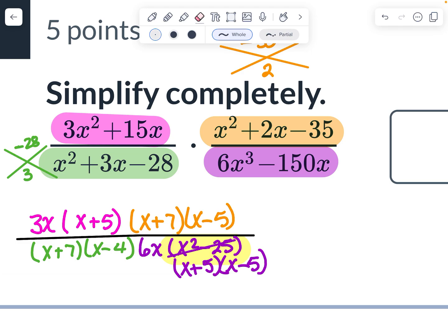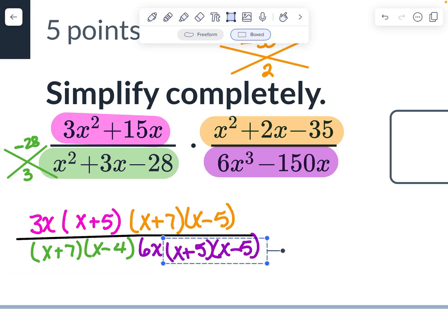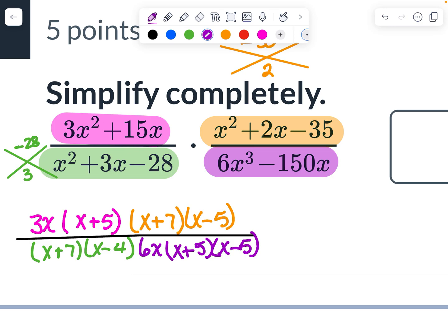So actually, let's just move this out and move this in its place. There you go. And then you're going to reduce anything that's absolutely identical. First of all, 3 reduces with the 6, making the 6 a 2 and the 3 a 1.